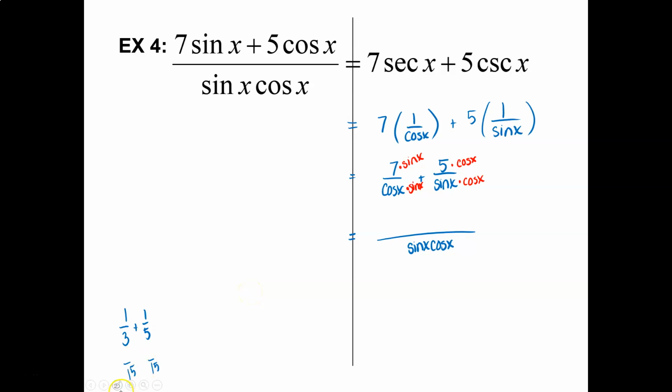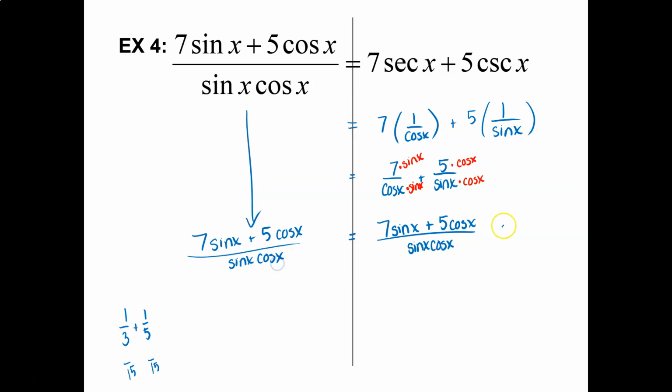And look what this does. That's going to be 7 sine x plus 5 cosine x over sine x cosine x, which is the other side. So I would be done there.